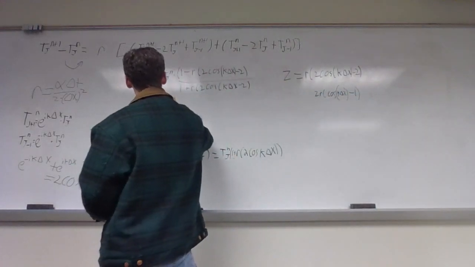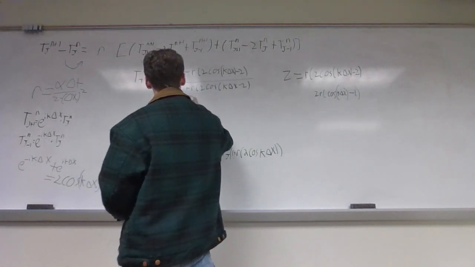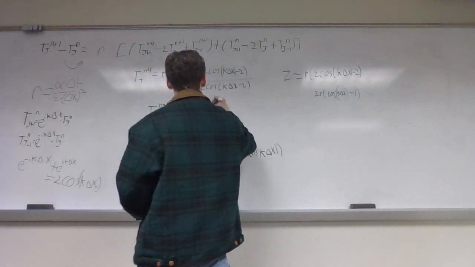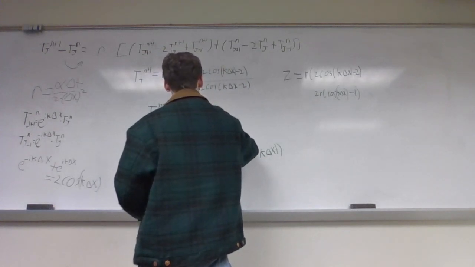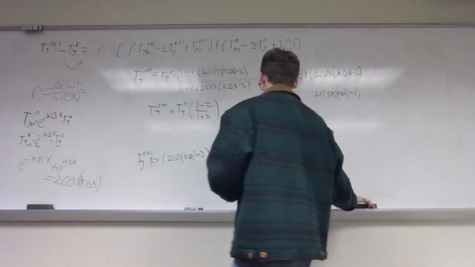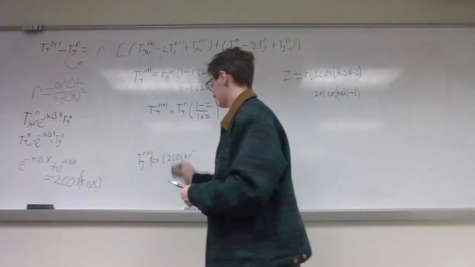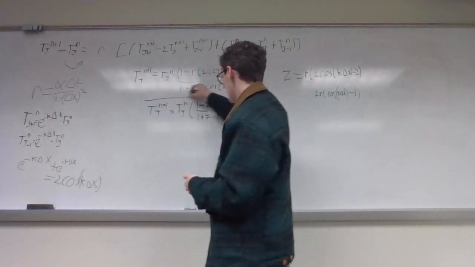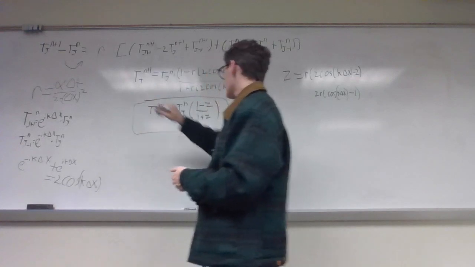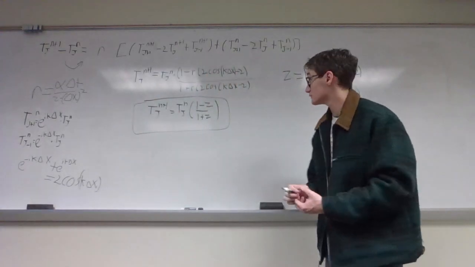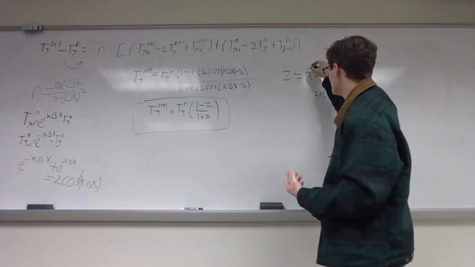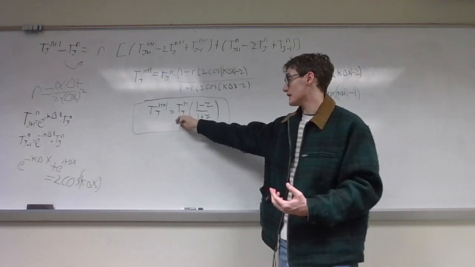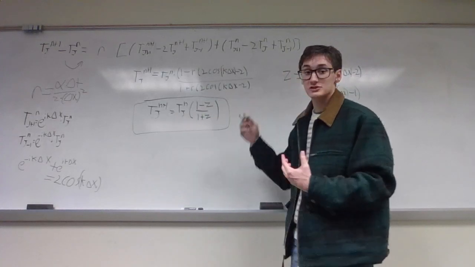So we end up getting Tj^(n+1) equals Tj^n times (1 minus z) over (1 plus z). What this term means is that no matter what your z value is, and because z includes r, no matter what your r value is, Tj^n is never going to be multiplied by something greater than 1.